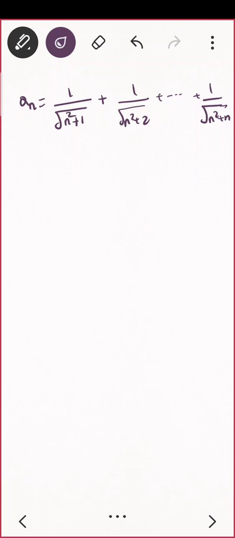What is your observation? What do you think? Everybody, do you agree? Yeah. And you will be surprised to see that this does not converge to zero.